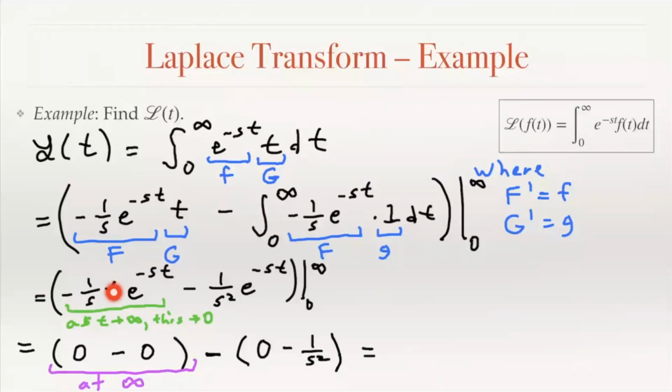Yes, t there approaches infinity, so it's of the form infinity times 0, but if you do L'Hopital in this case, you'll see that it approaches 0. And then this is a simple e to the negative infinity, which also approaches 0. And when we plug in 0, we have 0 minus 1 over s squared times 1. e to the 0 is 1. So what we wind up with is 1 over s squared.